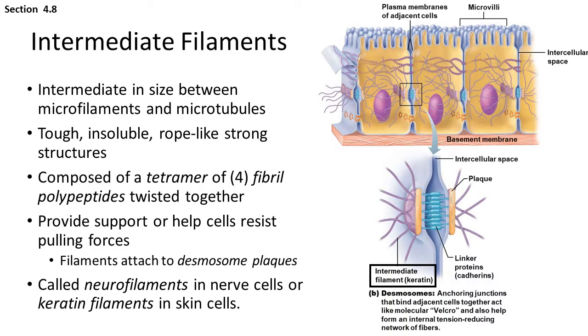Intermediate filaments are filaments that are intermediate in size between the microfilaments and the microtubules. They form tough, insoluble, rope-like strong structures. They are composed of a tetramer of 4 fibril polypeptide strands twisted together. And they serve to provide support to a cell and help cells to resist pulling forces.